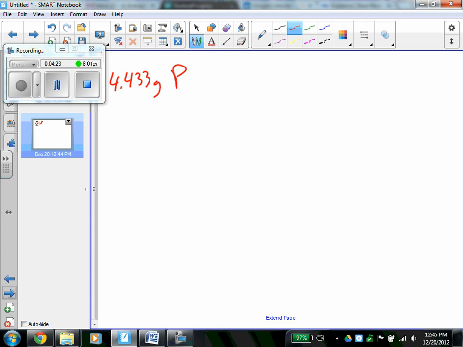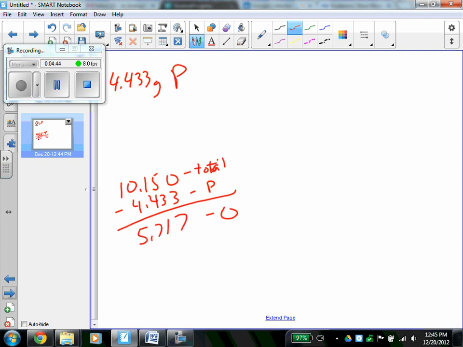4.433 is phosphorus, so it makes sense that the remainder should be oxygen. So I'm going to take 10.150 minus 4.433. This is the total, this is phosphorus, and the remainder should be oxygen, which is 5.717.